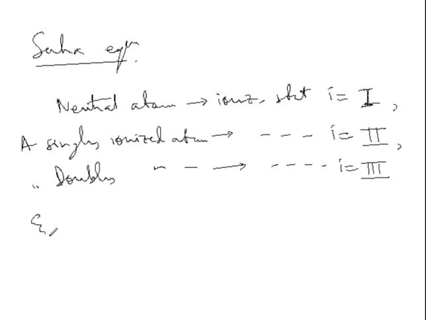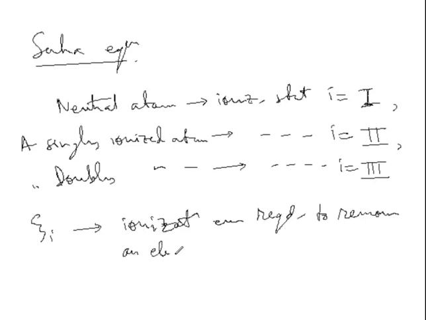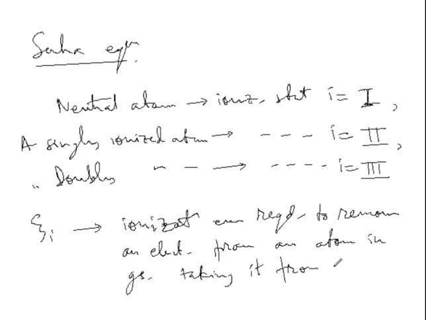And we also define this chi_i as the ionization energy required to remove an electron from an atom in the ground state, taking it from ionization state I to ionization state I plus 1.